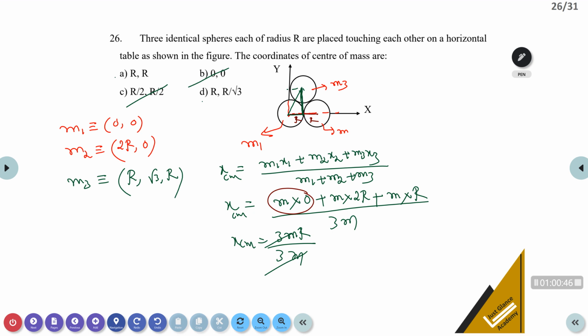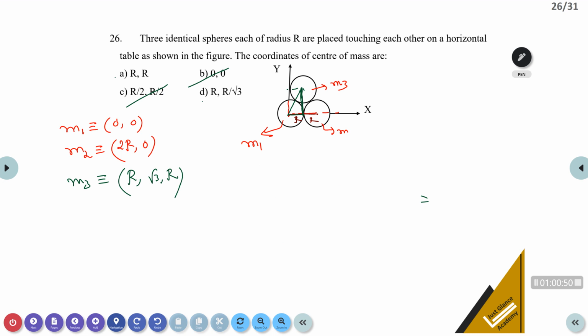Okay. Now this is the x coordinate. Next, the y coordinate, same thing. y of center of mass equals m1 into y1 plus m2 into y2 plus m3 into y3 divided by m1 plus m2 plus m3. Yes, write it. What is y1? This term is 0 into m.